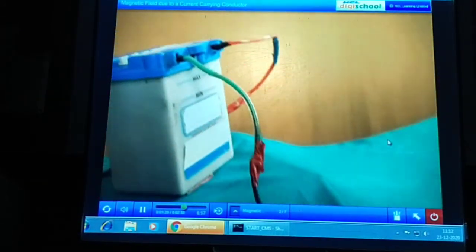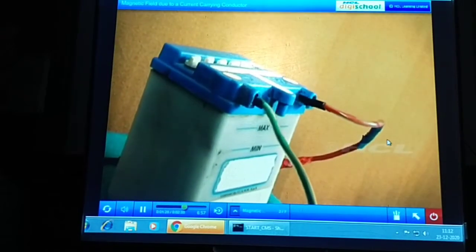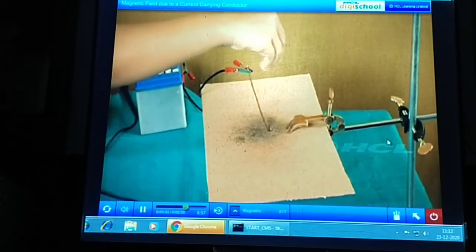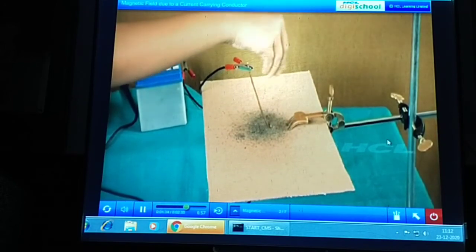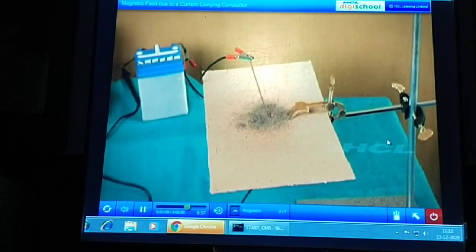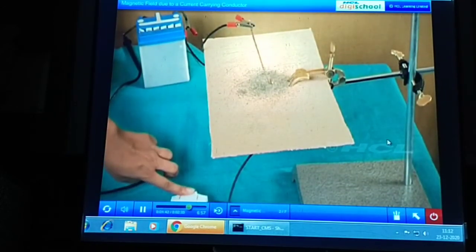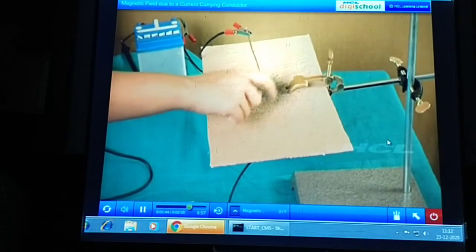The top end of the conductor is connected to the positive terminal of the battery. Let us sprinkle some iron filings on the cardboard and see what happens. Nothing happens right now because the circuit is off. Let us switch on the circuit and tap the cardboard sheet a few times.